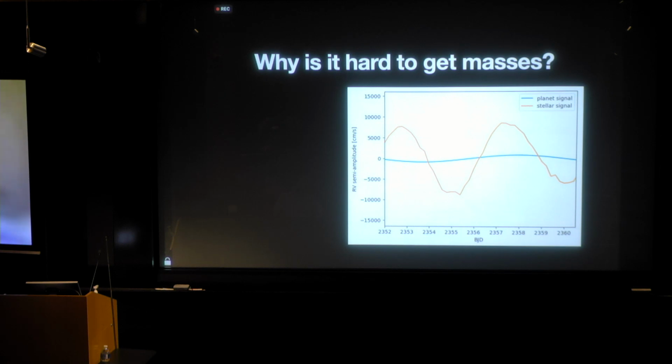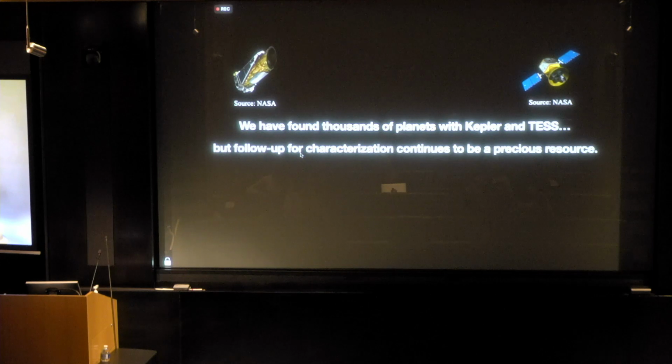Now, you can decrease the error from the stellar variability with more observations. And that's what a lot of people try to do. But you can begin to imagine that you're going to quickly reach a bottleneck where characterization of these thousands of planets that are obtained through these surveys is going to be a precious resource.